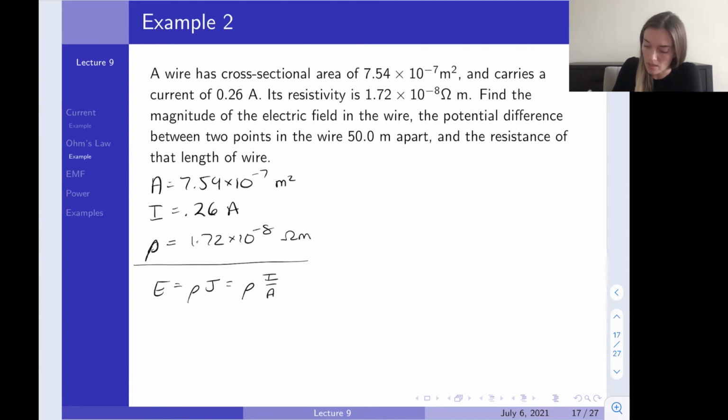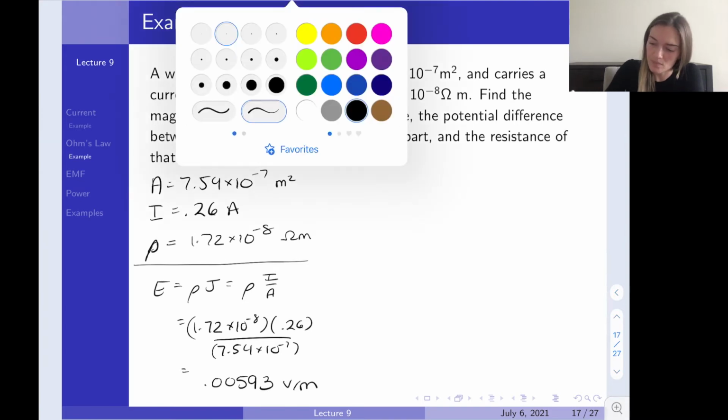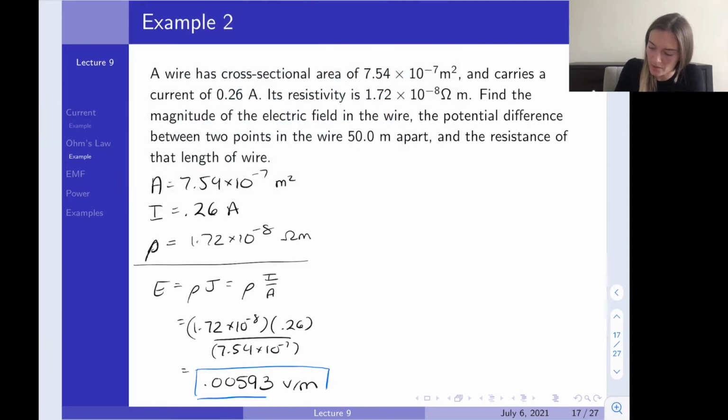So I can just plug in rho, the current, and then divide by the cross-sectional area. Rho is 1.72 times 10 to the negative 8. The current is 0.26 amps, and the cross-sectional area is 7.54 times 10 to the negative 7. Plug all that into your calculator and you get 0.00593 volts per meter. So this is the magnitude of our electric field.